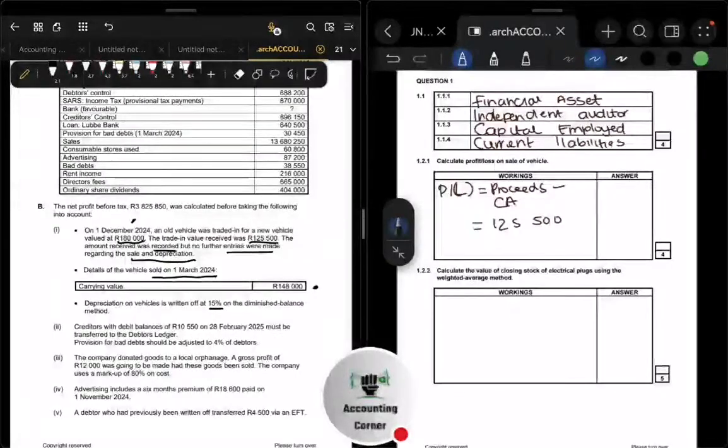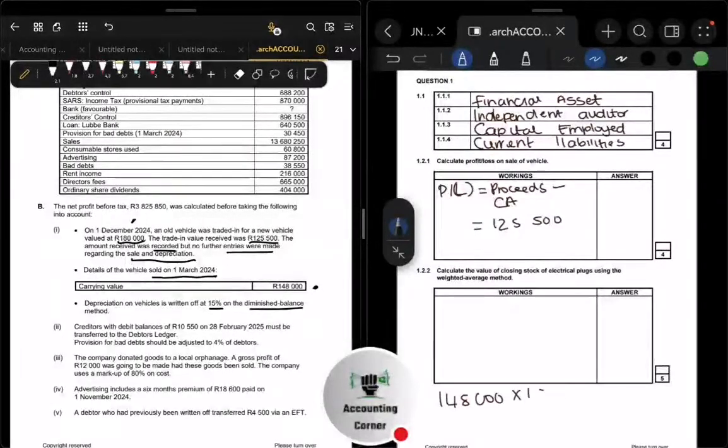So depreciation on vehicles, we're told, is written off at 15% on the diminishing balance method, meaning we take the carrying value multiplied by the percentage rate, and then we prorate if we sold something during the year, if we didn't have it for the full year. So what happened here? Our carrying value is 148,000. I'll just put it here, 148,000.